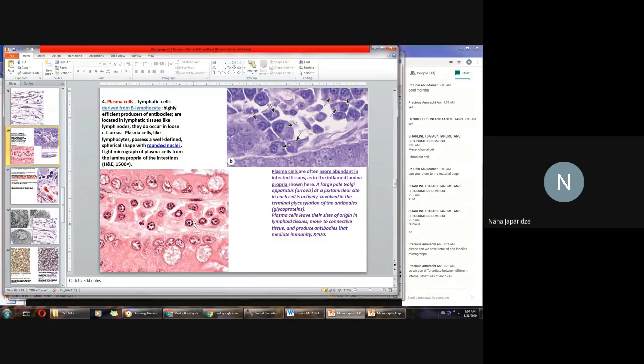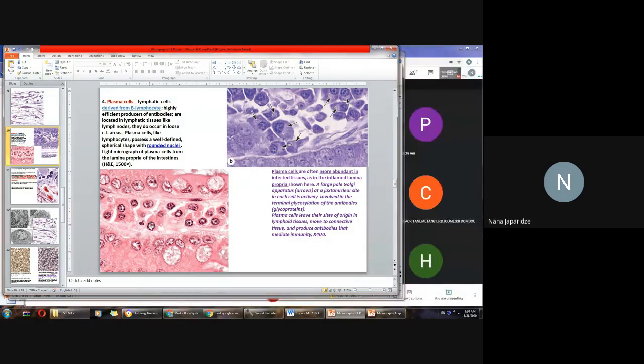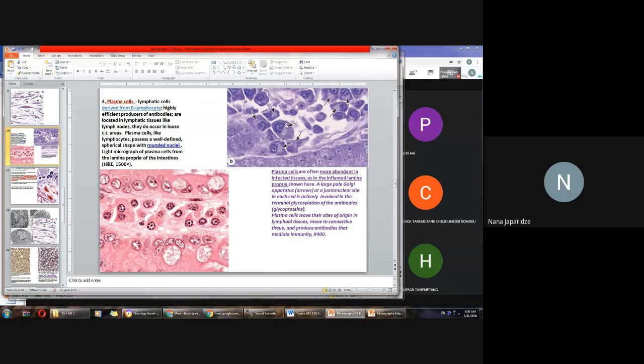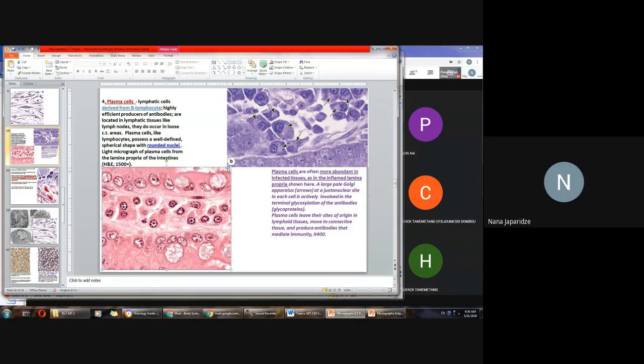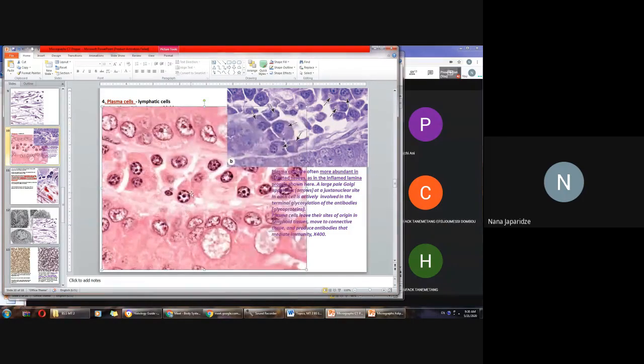And what you have to know is the main function of plasma cells, and you have to know also how to identify them. Okay, first of all, please look at the nucleus and look how the heterochromatin is arranged in the nucleus.